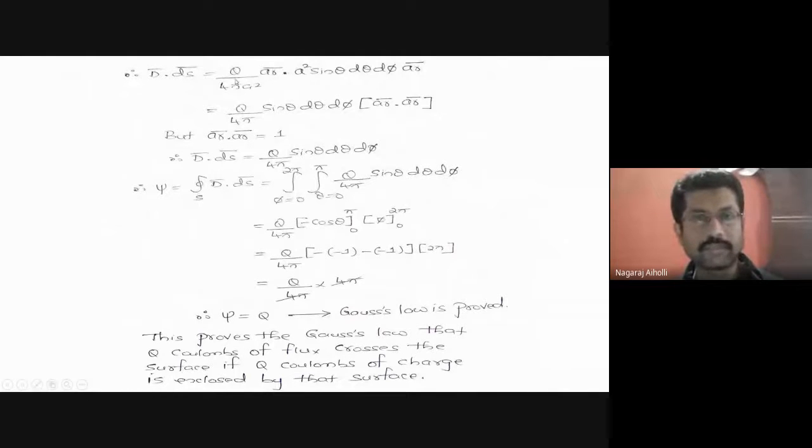Then simplify. Q by 4 pi a square and a square will cancel here, leaving sine theta d theta d phi a_r bar dot a_r bar.